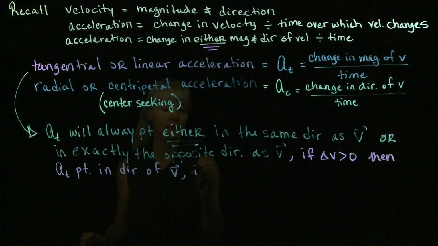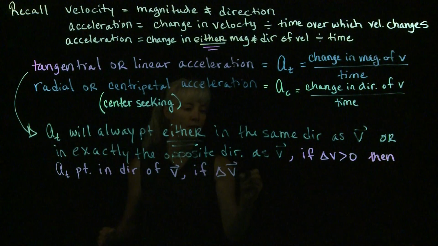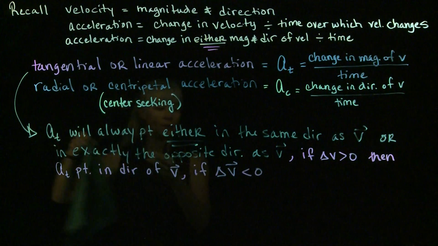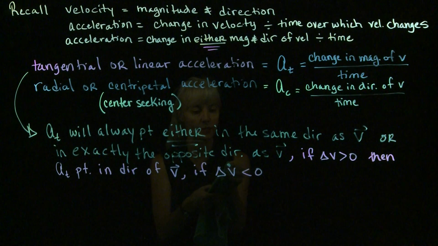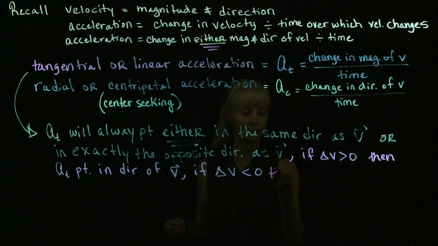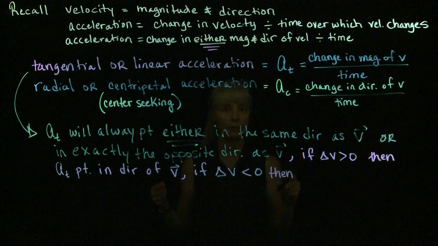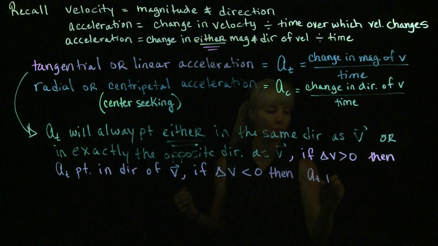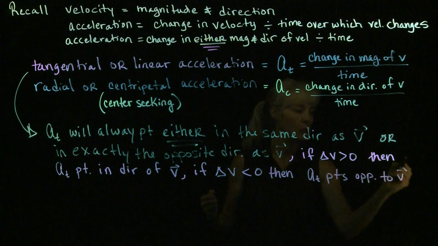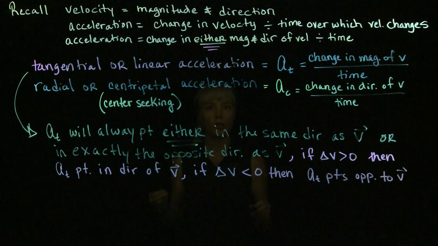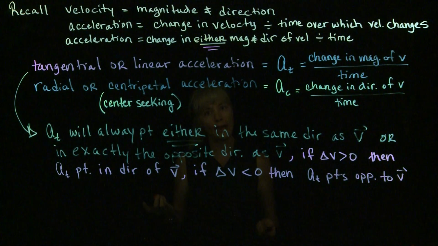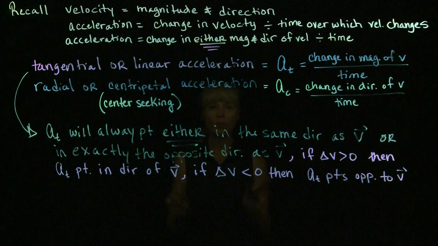Okay, if instead the object is slowing down so that delta v is less than 0, and we're just talking about the magnitude part of the velocity, then the object is slowing down and the tangential acceleration points opposite to v. So it either points with v or against v depending on whether the object is speeding up or slowing down at that point in time where you are looking at the tangential acceleration. So those are the only two possibilities.